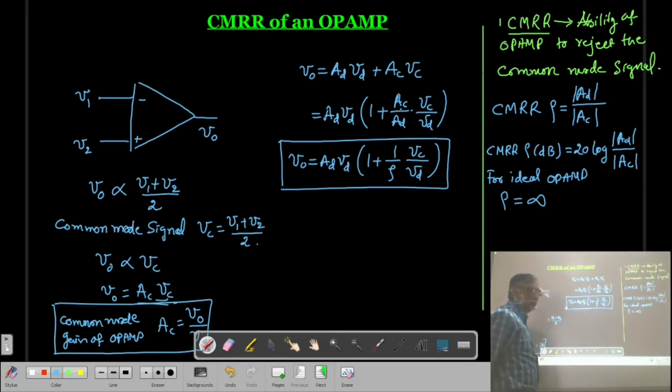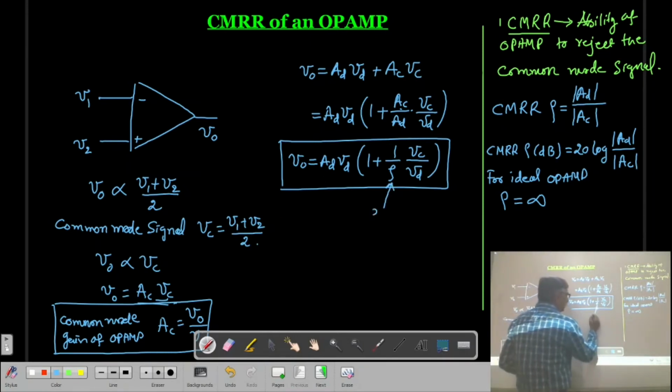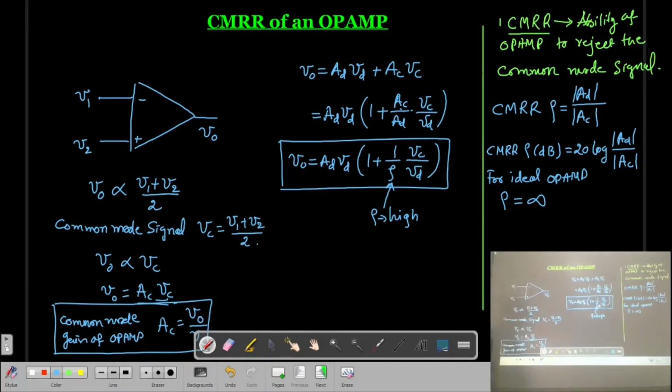So here you can see that if the common signal is also present, and the differential signal is also present, but if the CMRR rho is high, then this term is going to be 0.